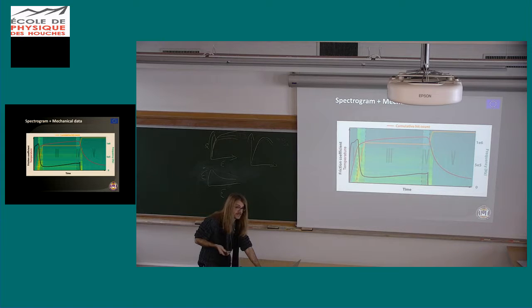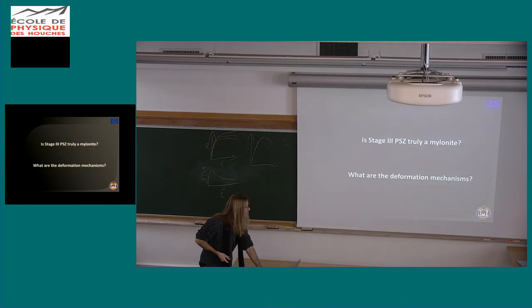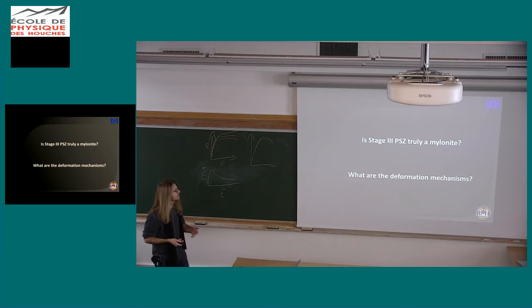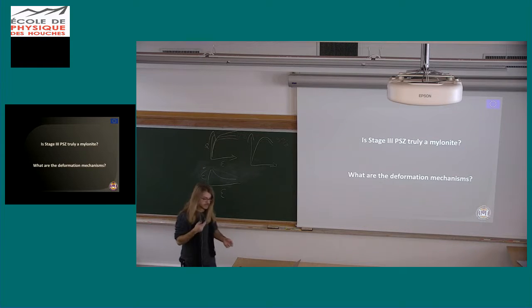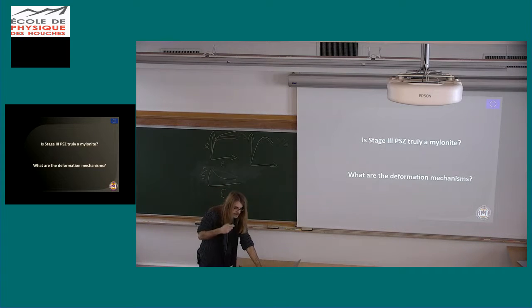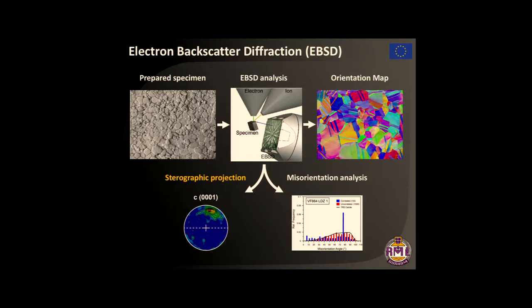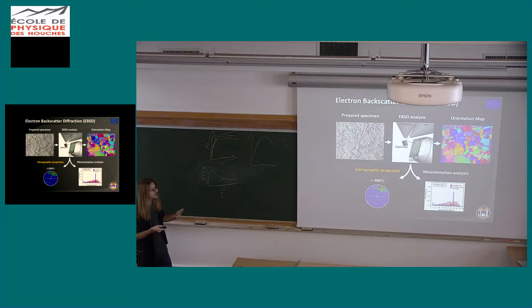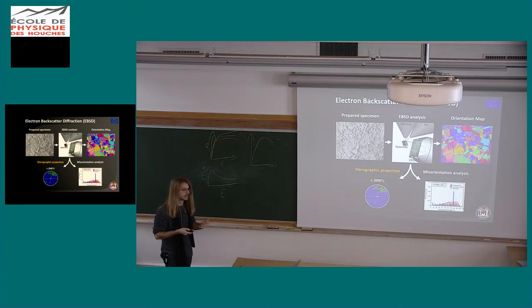And this is typical of something that is flowing viscously, for example, rather than a cataclastic flow. Even more evidence is added when we want to explore further the weakening mechanisms. A way to do that, as we've seen in the previous two sessions, is using EBSD, electron backscatter diffraction analysis, when we test the orientation of crystals and the intensity of our texture.